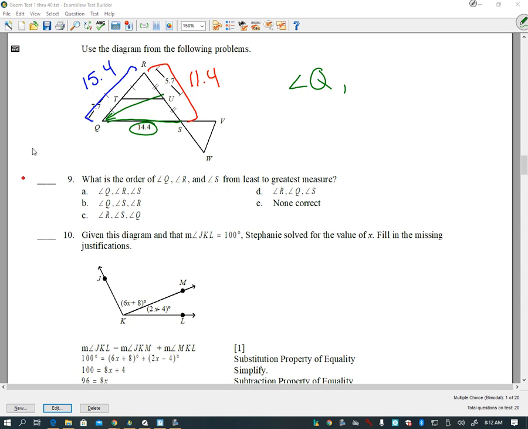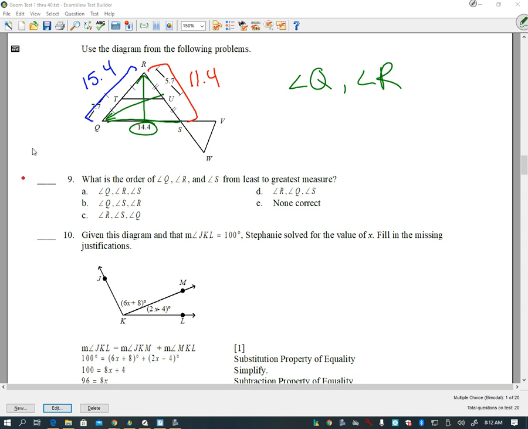What angle is opposite of QS? Chase, what angle is opposite of QS? See how we have QS here? What angle is opposite to that? Yeah, angle R.